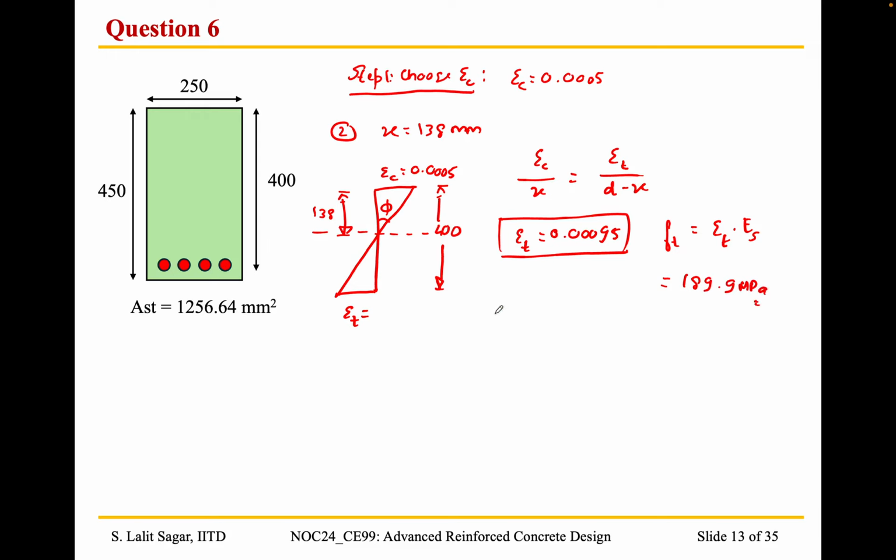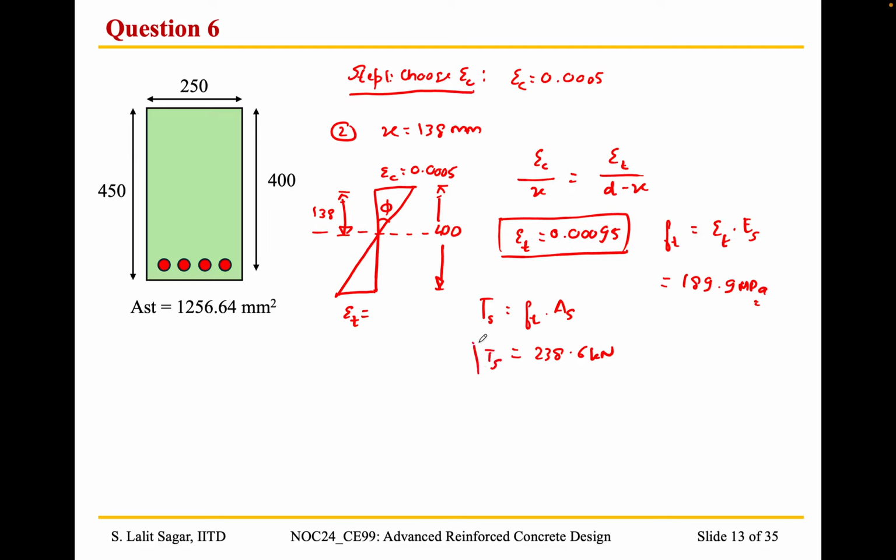So let us call the value of tensile force as Ts, given by ft into As. So As is 1256.64, for which we obtain a value of 238.6 kilonewton. Okay, so this is the value of Ts.